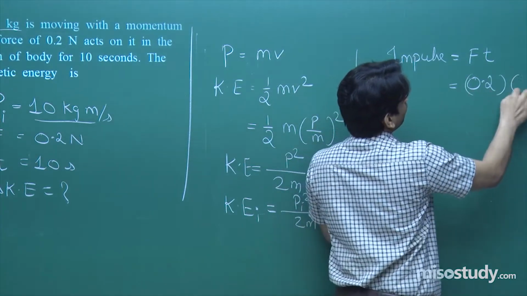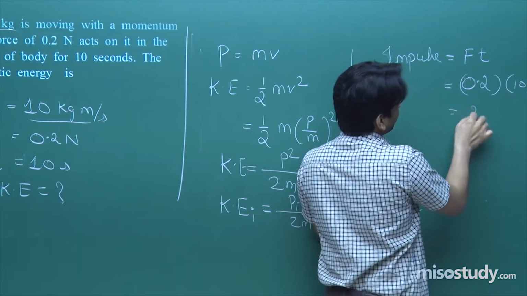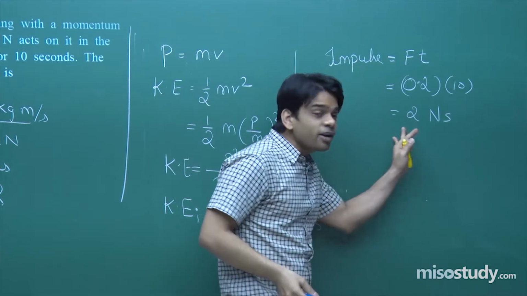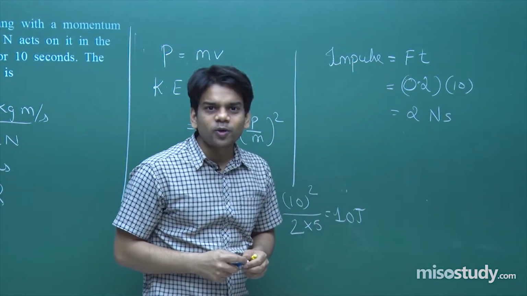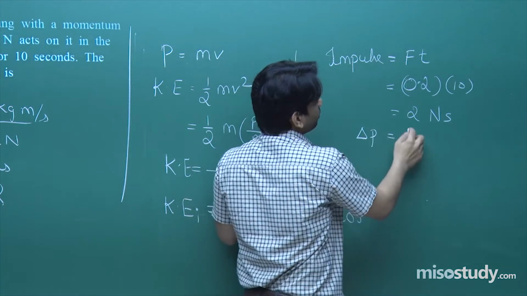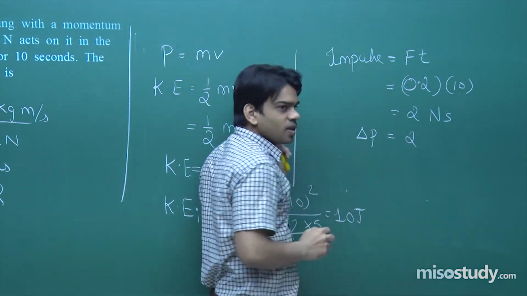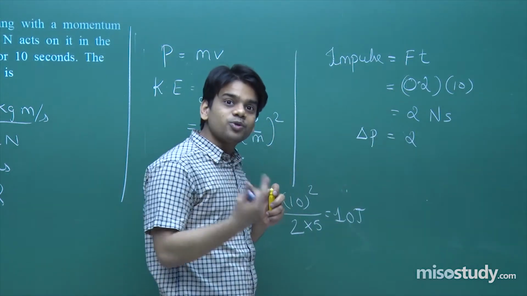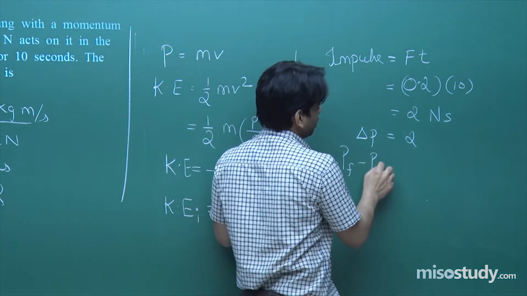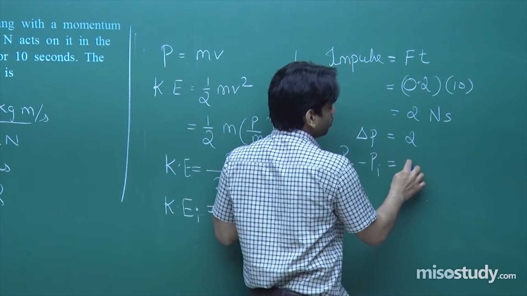So 0.2 times 10, you will obtain 2 Newton second. And we know that this impulse is equal to the change in momentum. So change in momentum delta P will be equal to 2. And since force is acting, the momentum is going to increase.